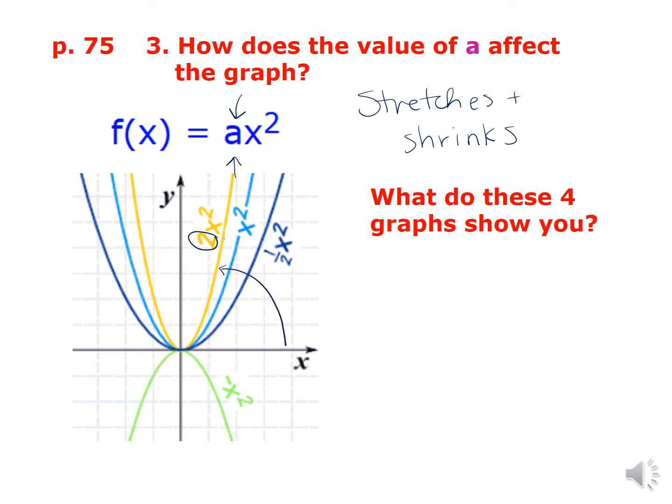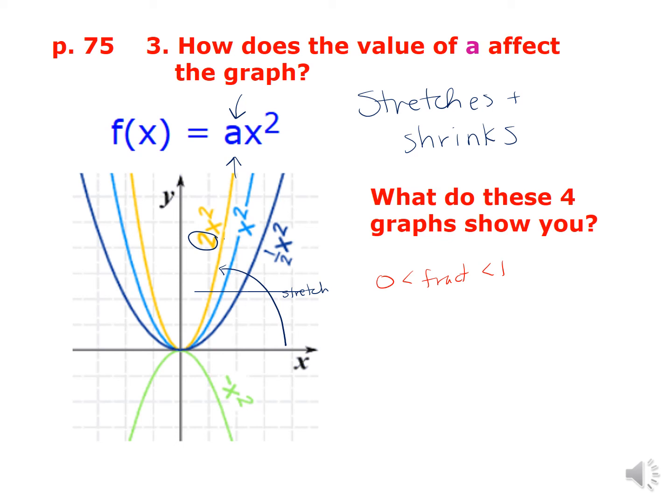So a whole number means a stretch because it's stretching away from the x-axis. Now, fraction, and when I say fraction, it has to be a fraction less than 1 and greater than 0. So it can't be 1.5, because that wouldn't work.